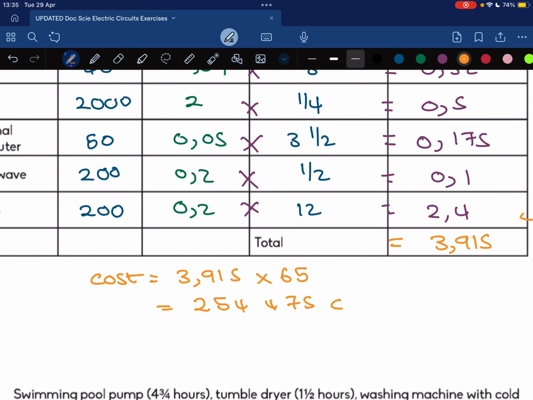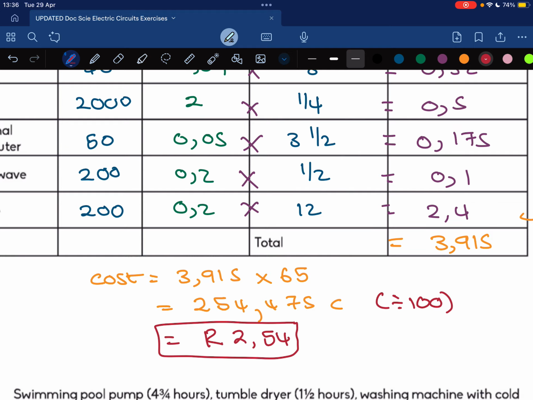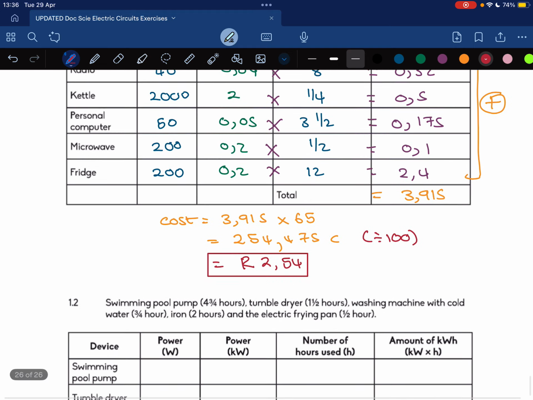If you wanted it in rands, you would divide by 100, and you would get 2 rand and 54 cents. Obviously electricity isn't that cheap anymore.